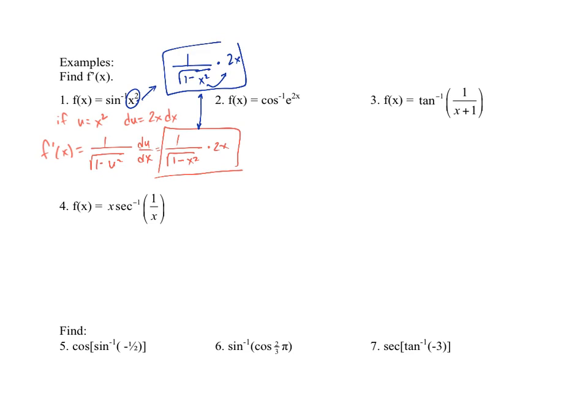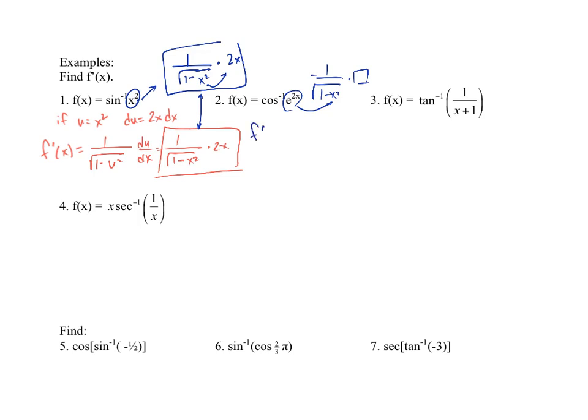All right, moving on to the second one. And on the second one, this time we have the inverse cosine. So we know that the formula for the inverse cosine is negative 1 over root 1 minus that x squared times whatever the chain rule part would be. Here is that part where it's this squared. So let's work this out.